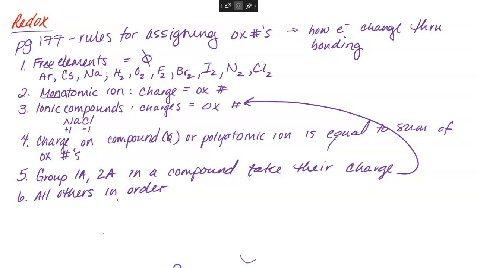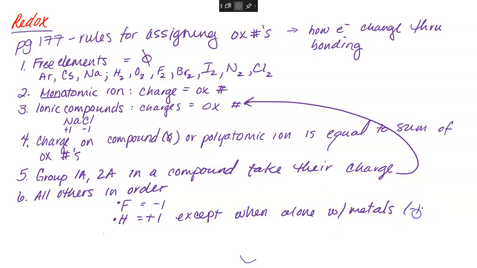So all others in order: fluorine is a -1. Hydrogen is a +1, except if it's alone with metals, it's usually a -1 acting as the anion. So like LiH, lithium hydride, lithium takes the +1 because it's got a higher priority.